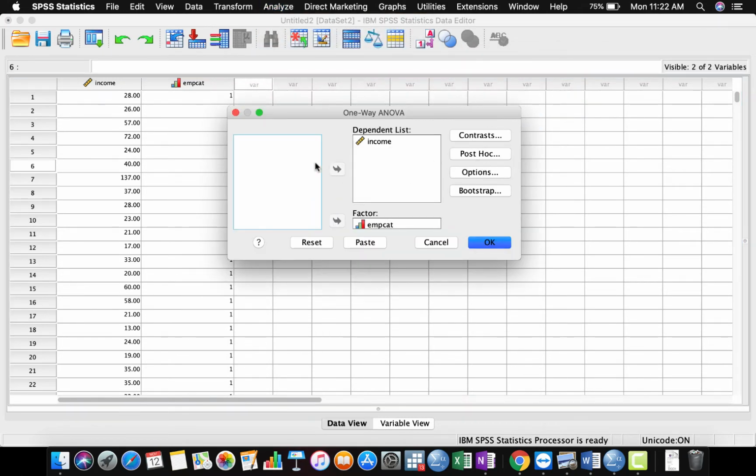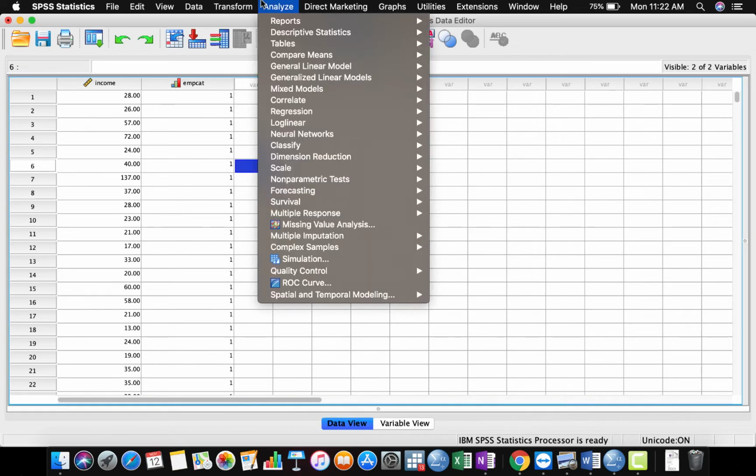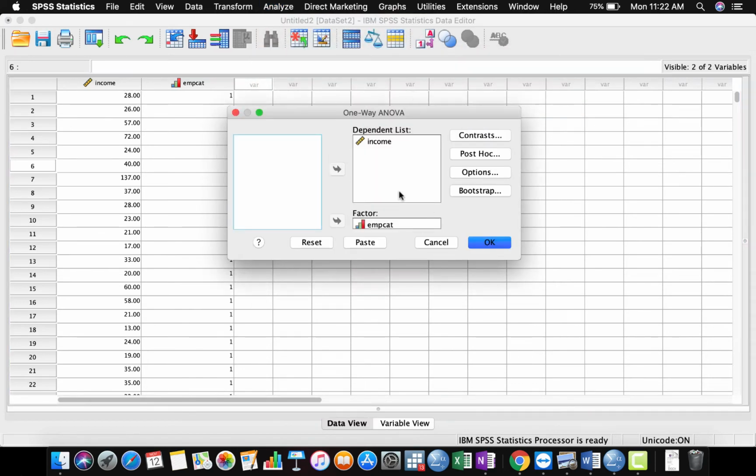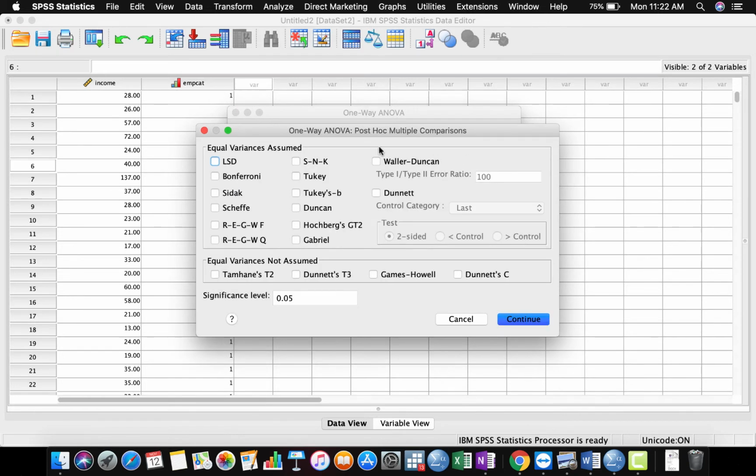So go to Analyze again, Compare Means, and click on One Way ANOVA. We already defined the dependent variable and independent variable, and now we go to Post Hoc. If the assumption of equality of variance is assumed, then we can check LSD.